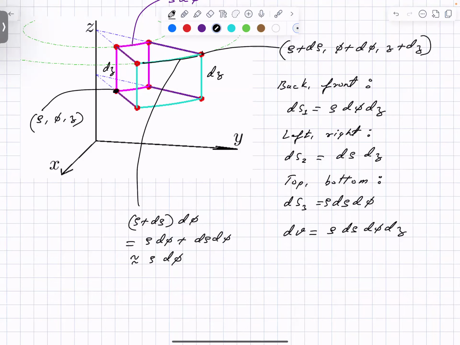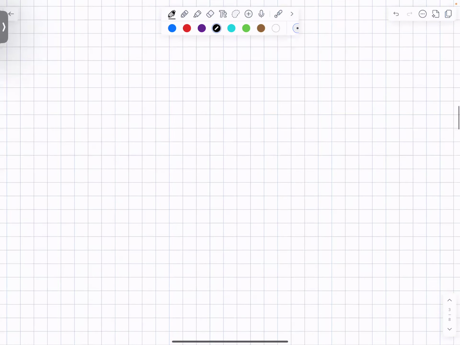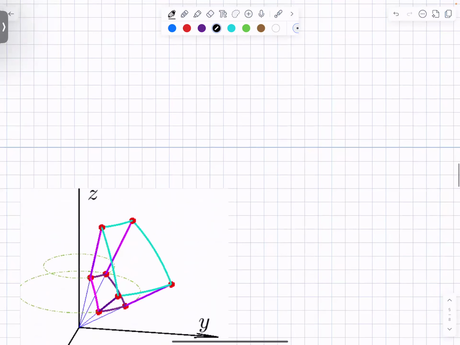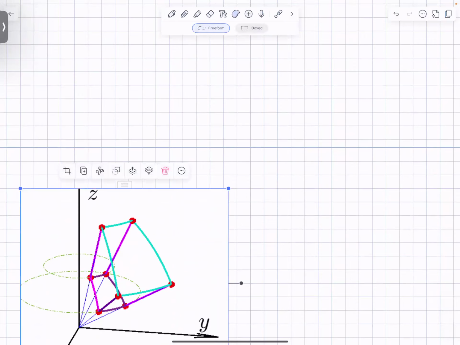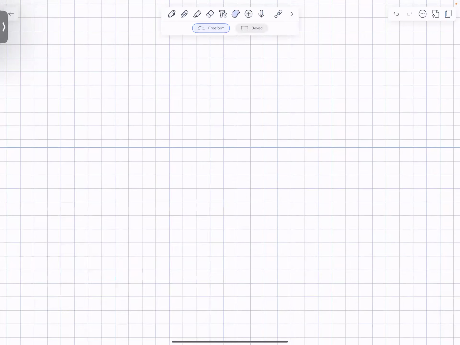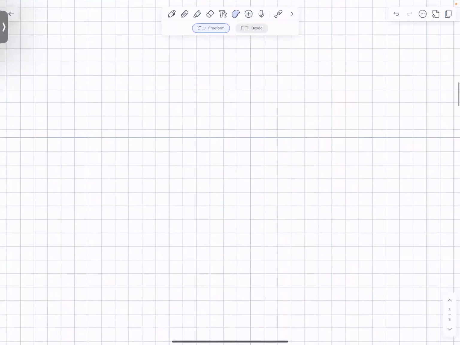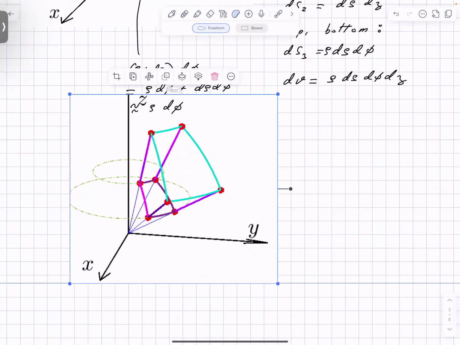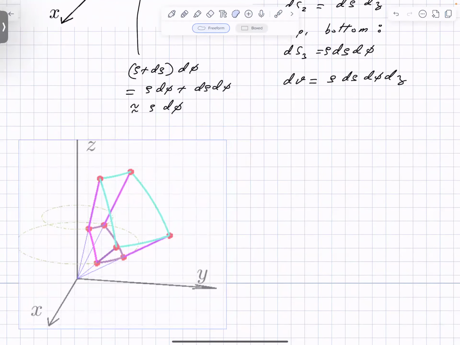Now we're going to look at the spherical system. Okay, so we'll consider the same thing here.